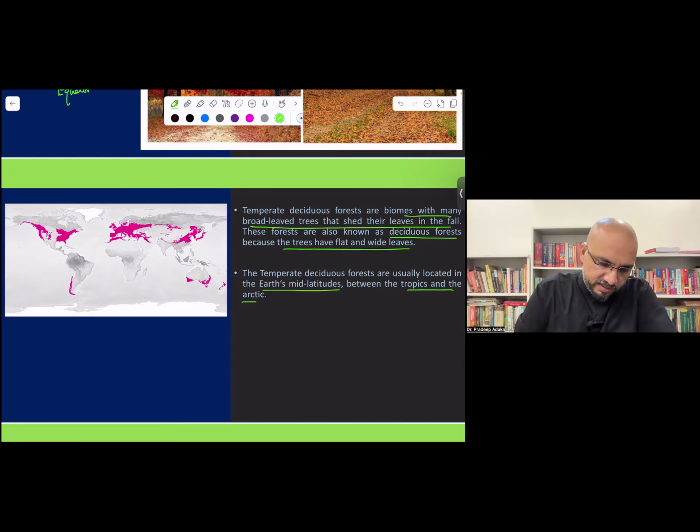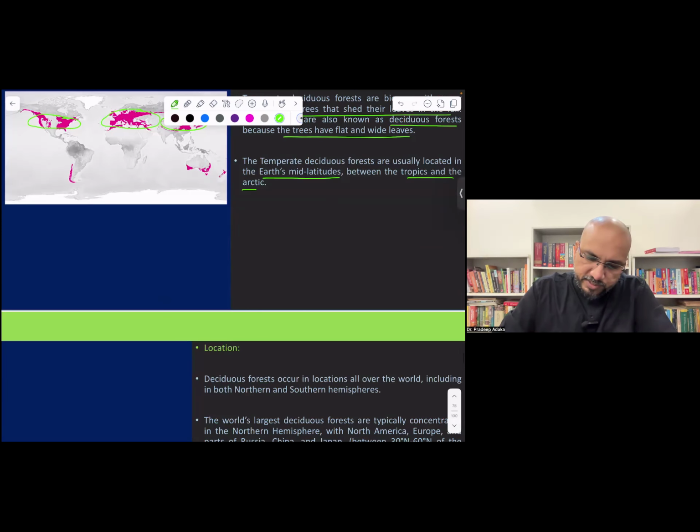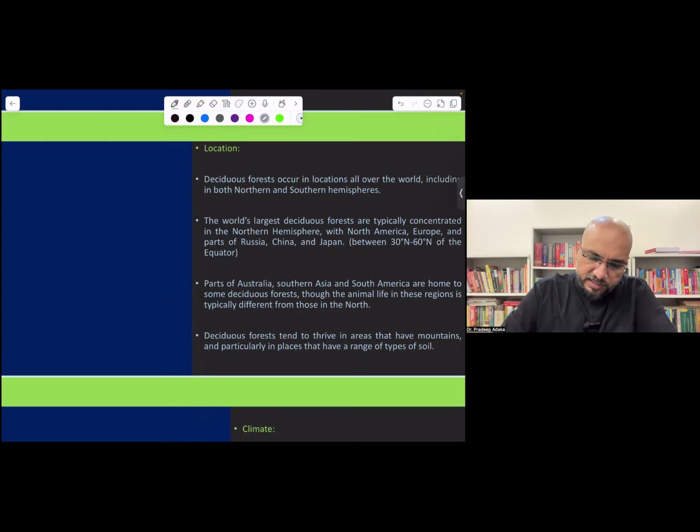You see in United States, parts of Canada, most of Europe, parts of Eastern Asia. In the southern hemisphere also they are present: parts of Australia and South America, New Zealand. So location wise, deciduous forests occur all over the world, in both northern and southern hemispheres.